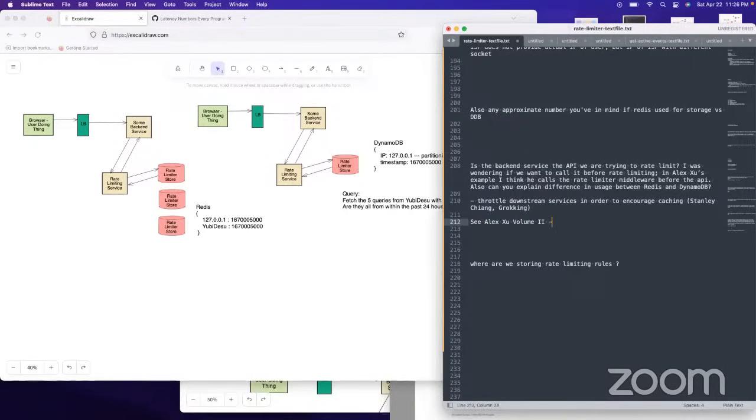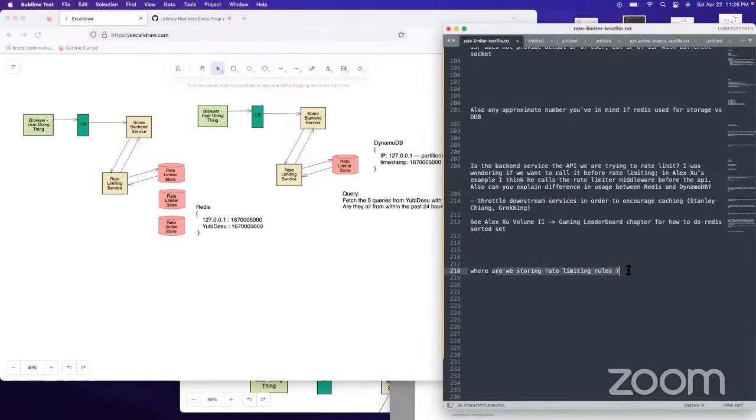Volume 2, gaming leaderboard chapter. Oh my God, my typing is so atrocious today. Yeah, I definitely did not explain the Redis sorted set for this specific use case. I forgot to look it up beforehand. But it would explain how to do whatever the heck I was trying to explain over there.